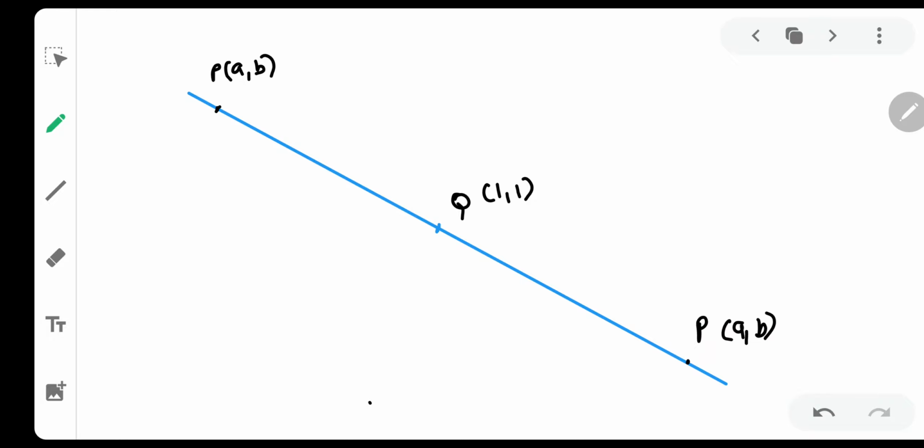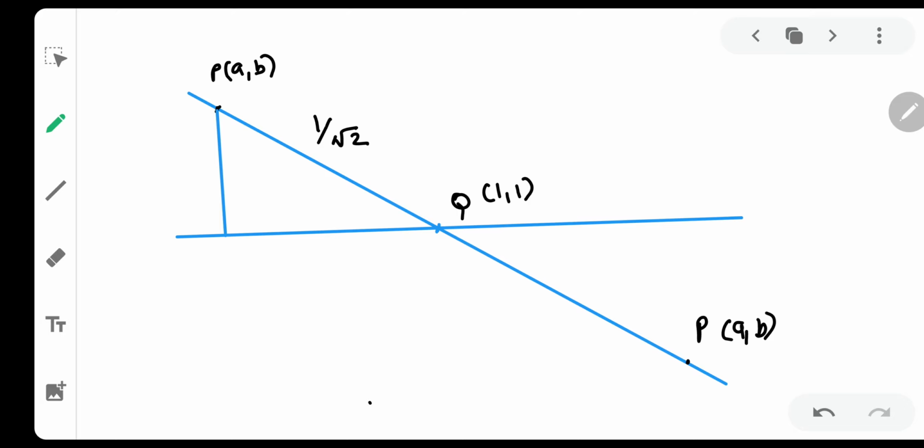So let me add a line something like this, and let me add a line over here also. Now this particular distance is 1 by root 2. Obviously we knew that this angle is 135 degrees. It means this is 45 degrees, right?